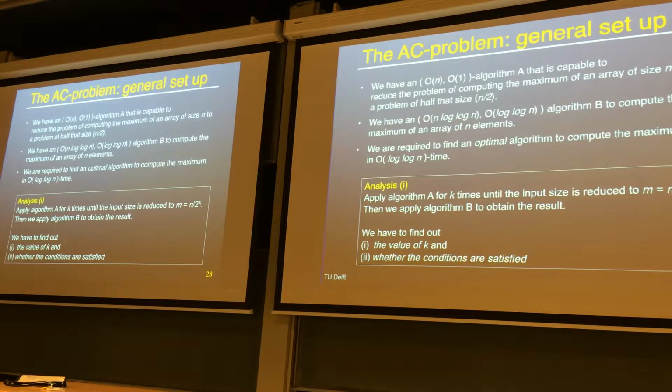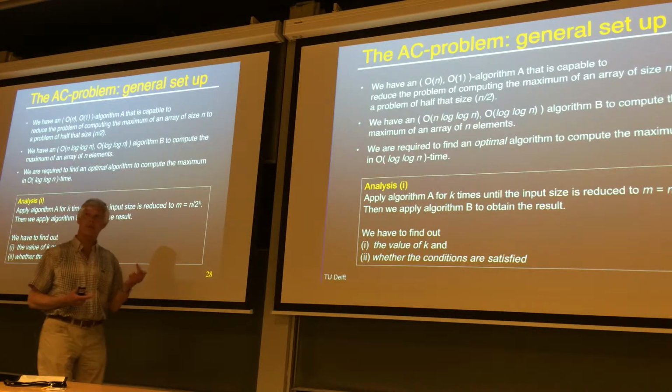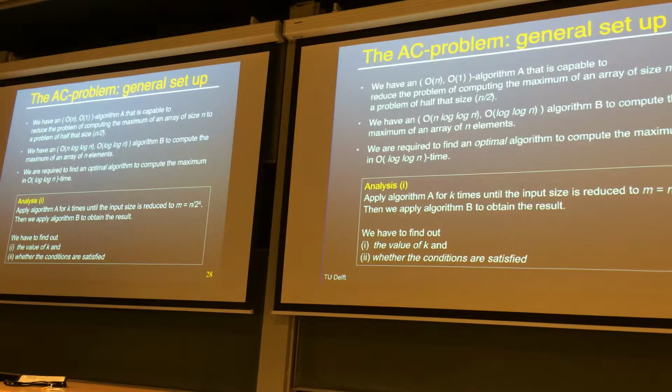K times A, then B. Now the only thing is that first of all, you need to know what k is, and then you need to compute the total work and time complexity of your combined algorithms, A k times and then B. So we first determine the value of k, and then we determine whether or not the conditions are satisfied. Here you have to determine k until you have a satisfactory value of m.